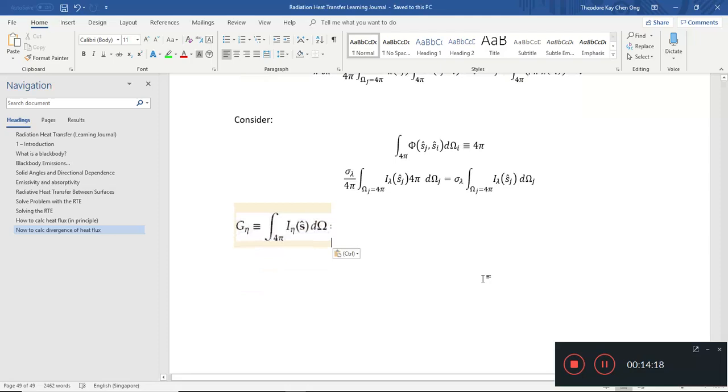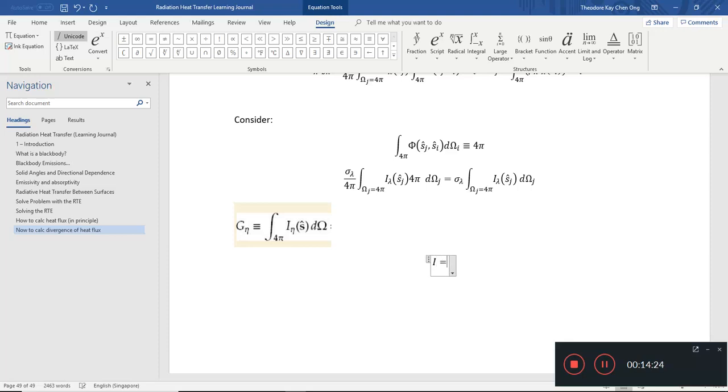G is the total incident radiation. Remember, the intensity equals power per unit normal area per unit solid angle per wavelength.